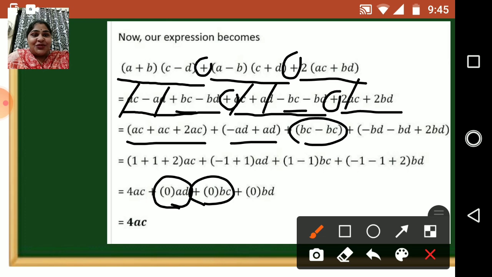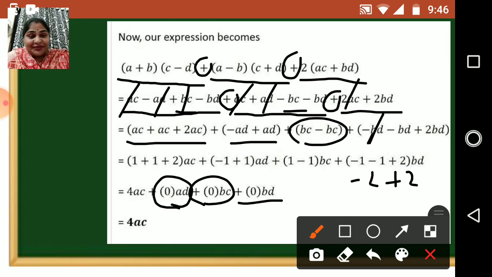And the last one is bd, so minus bd minus bd plus 2bd. Negative and negative will be minus 2, and minus 2 and plus 2, again it will be 0, children. So here again 0 bd.